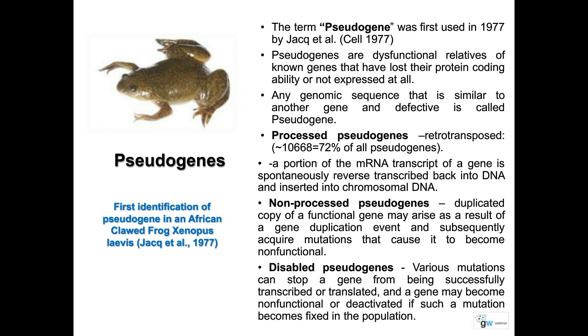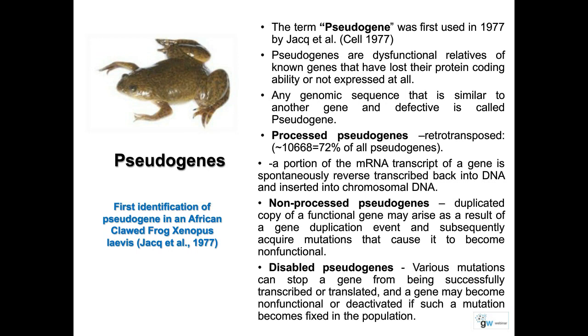The next category is the non-processed pseudogene. Here there is no transcription, but a segment of the genome is duplicated. That occurs since our human genome is a highly dynamic structure and goes through several changes during evolution.